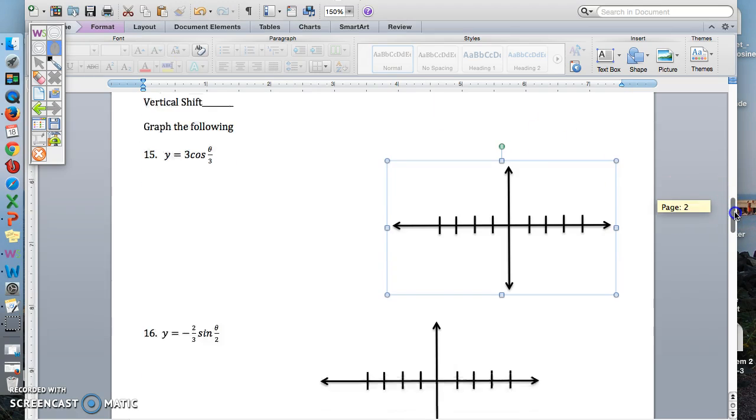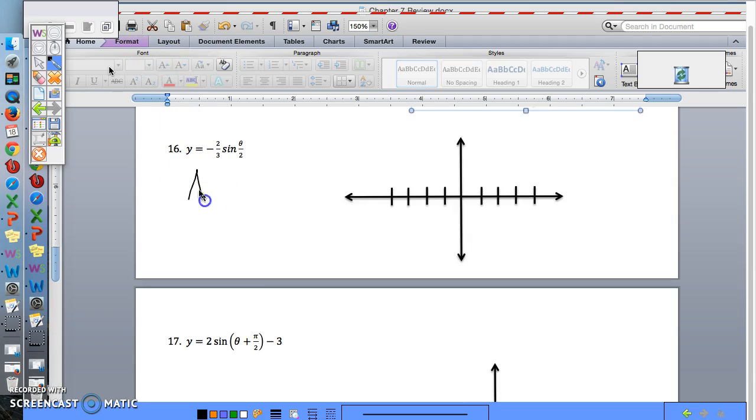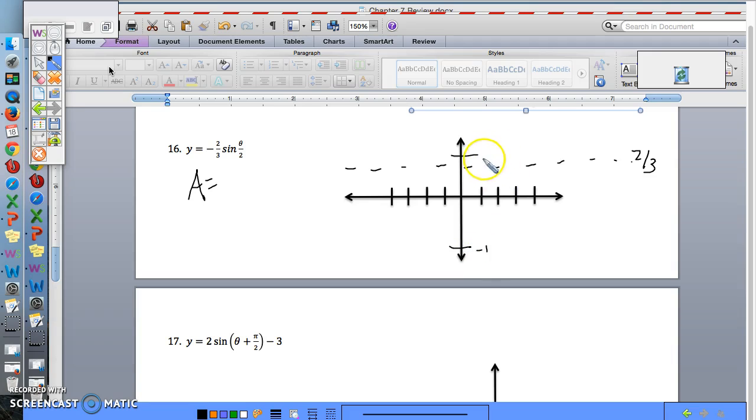All right, let's take a look at this next one here. Our amplitude is 2/3. So if this is 1, I might dash in so we know that this is 2/3. We said -1, so we have -2/3 because there's no up-down shift. Our k value is 1/2.